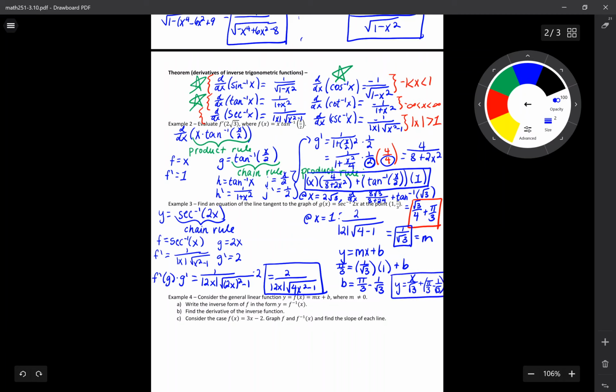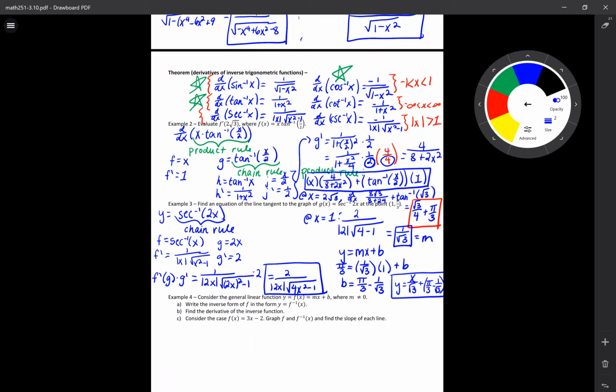That is our tangent line. So here we had to use the chain rule to find the derivative of secant inverse of 2x. And then from there I plugged in my x value to find the slope of the tangent line at a certain point. And then I plugged into y equals mx plus b to find the y-intercept.